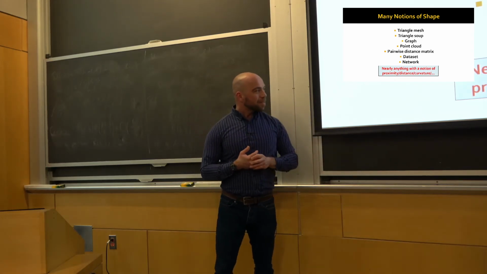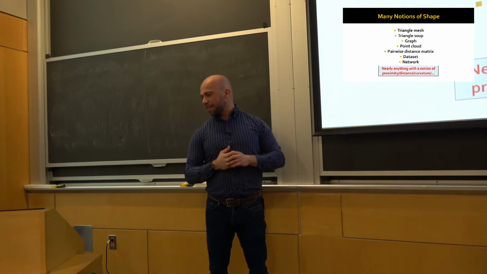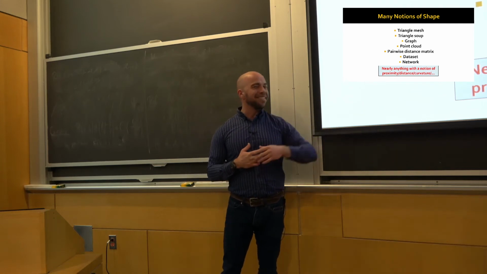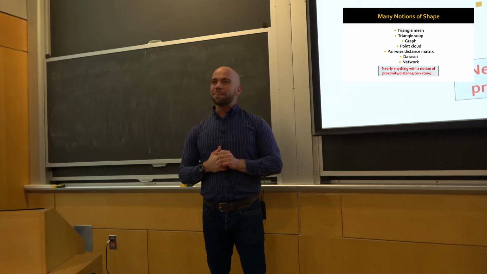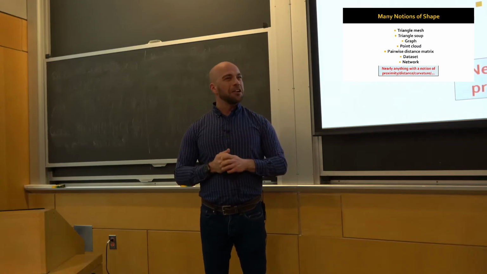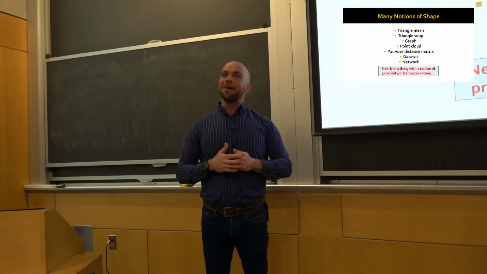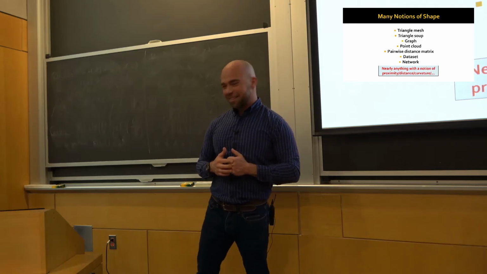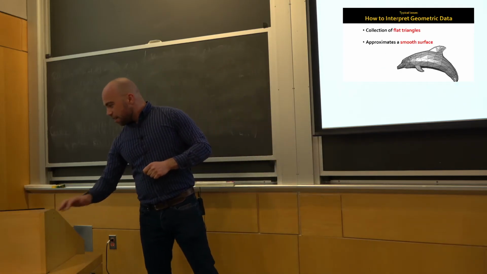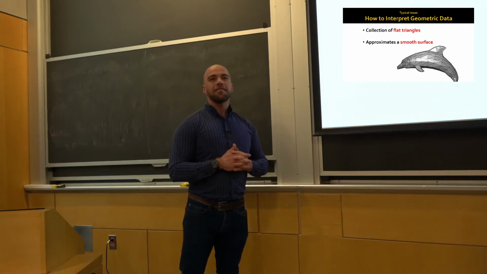And so even though our notion of shape is basically any object that has some idea of distances or curvature, coming up with one generic geometry toolbox to rule them all would be a very ambitious task indeed. And let's talk a tiny bit about why this is so hard.